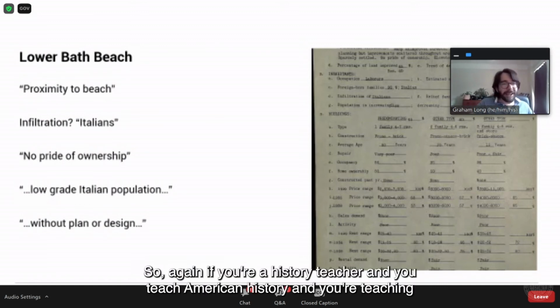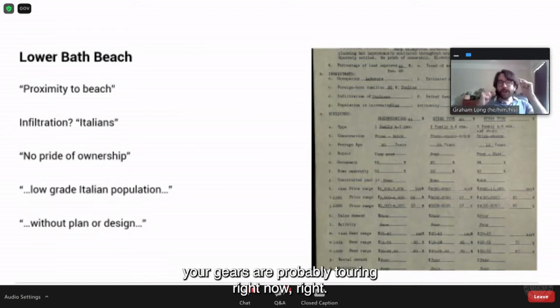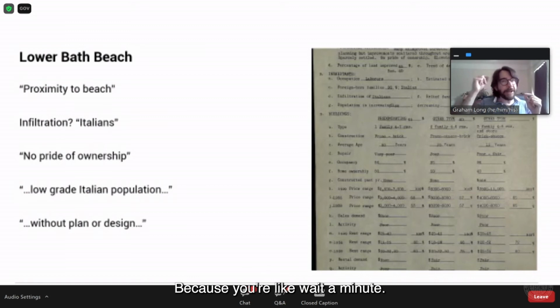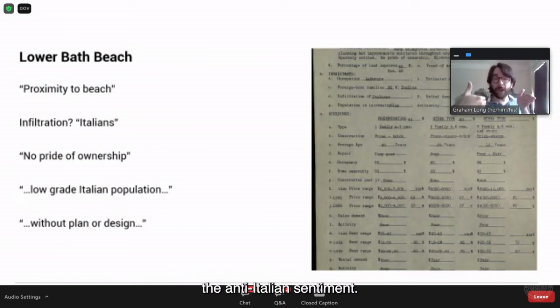So again, if you're a history teacher and you teach American history and you're teaching about that era, these documents are from 1937, your gears are probably turning right now, right? Because you're like, wait a minute, if I'm teaching about this in 1937, I've already covered the Red Scare, the anti-Italian sentiment.